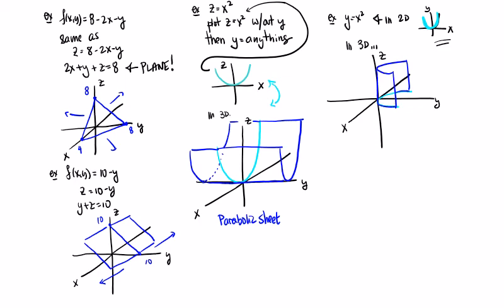And just keep in mind, it goes up and down forever, and it opens out to the right forever and ever. It doesn't stop, but typically we just draw a piece of it because otherwise it becomes an unreasonable thing to draw. So these are a bunch of different planes and parabolic sheets. A couple more I want to do. Let me clear the screen off because I don't want to jam in the corner, but they're pretty simple. They're somewhat familiar.